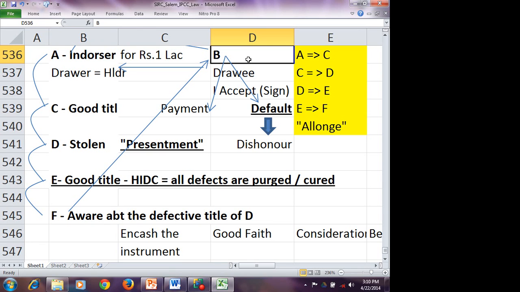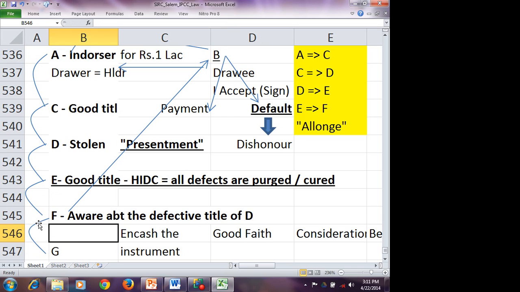So what are the quick presumptions which can be derived here? One, the instrument can be transferred any number of times. Two, it can be transferred until the payment is effected by the person who is primarily liable on the instrument. See, on the due date, if B makes a default, still F can endorse the instrument to G. But G will not be a holder in due course.